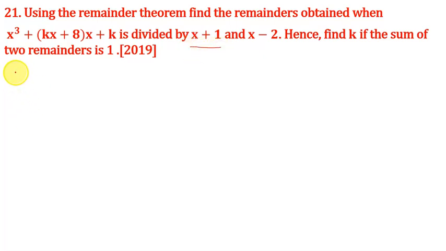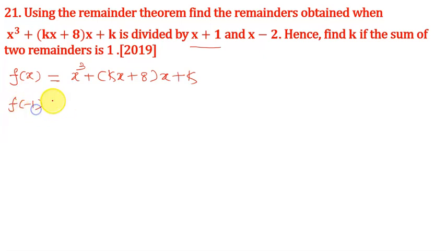Then the first polynomial f of x is equal to x cube plus, in bracket, kx plus 8, bracket complete, into x plus k, divided by x plus 1, and hence here put x equal to minus 1.